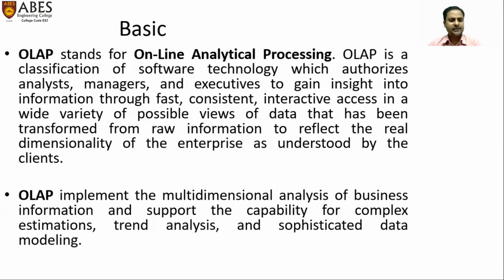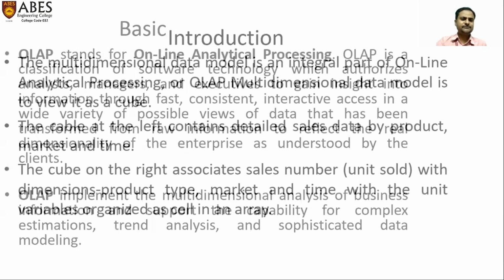OLAP handles complex estimation and trend analysis, and it is a useful feature for the CEO, managers, and directors of the organization. But OLTP is useful for general clerks and the local users of the organization.